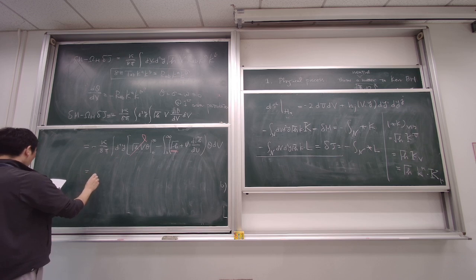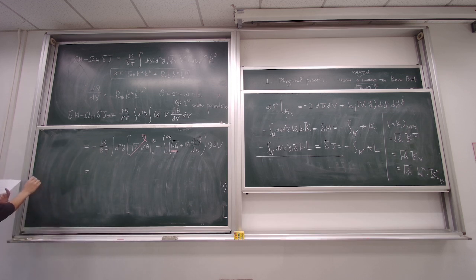And this one is equal to, in fact, if you use the Raychaudhuri equation, theta can be understood as d square root h over dV.